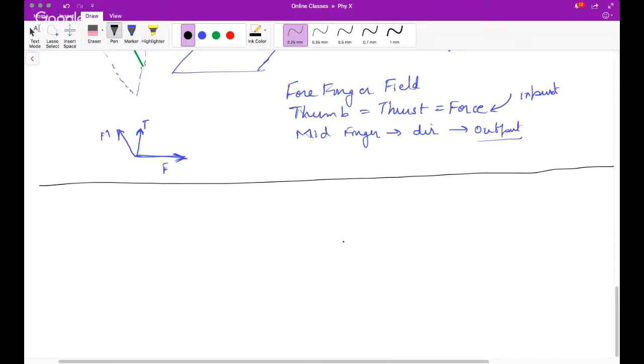To answer Rushil's question, it all depends on which direction the magnetic field is and in which direction the applied force is, and hence the induced current will be found out accordingly. Okay, can we solve questions on this?